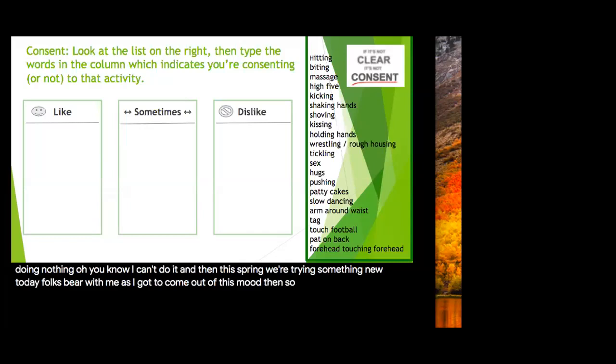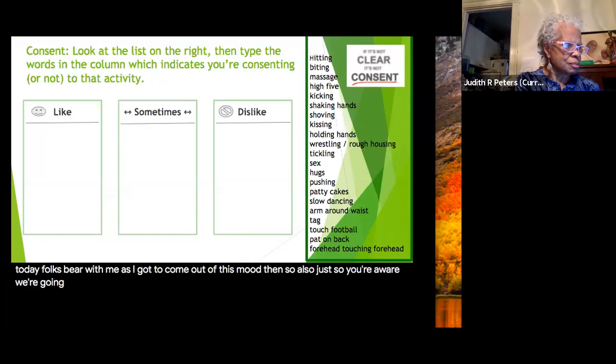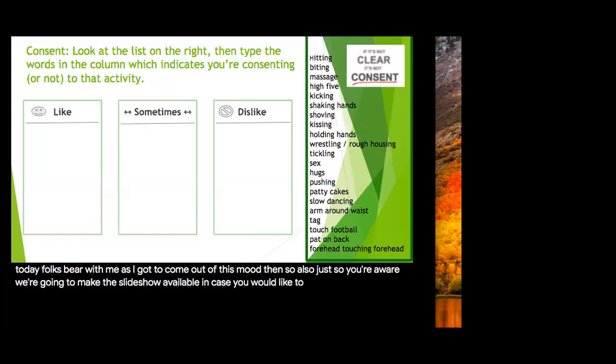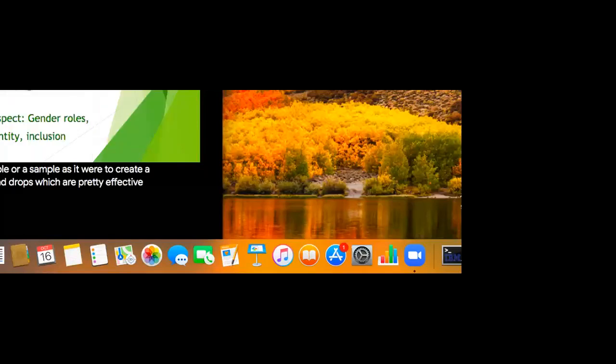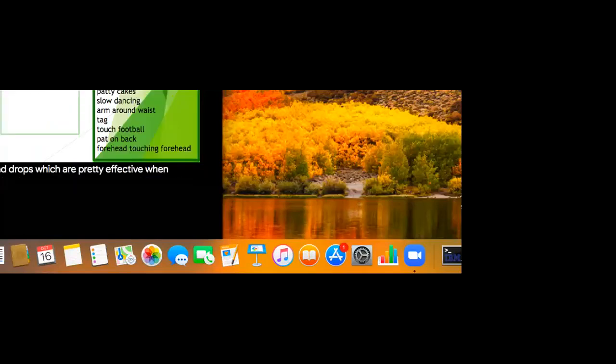So also, just so you're aware, we're going to make the slideshow available in case you would like to have something of this nature, so that you can use it as an example or a sample. You can create a background screen, and you can create drag and drops, which are pretty effective, especially with younger kids.